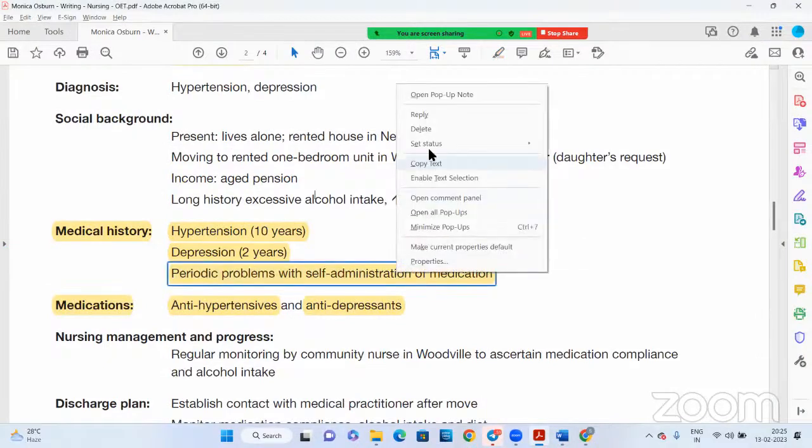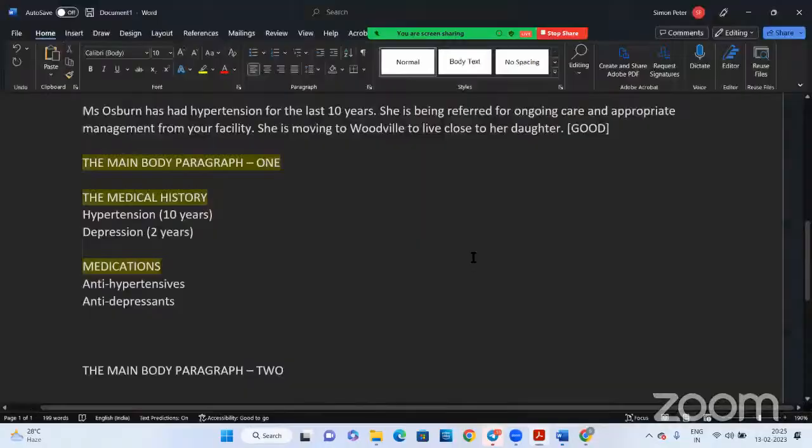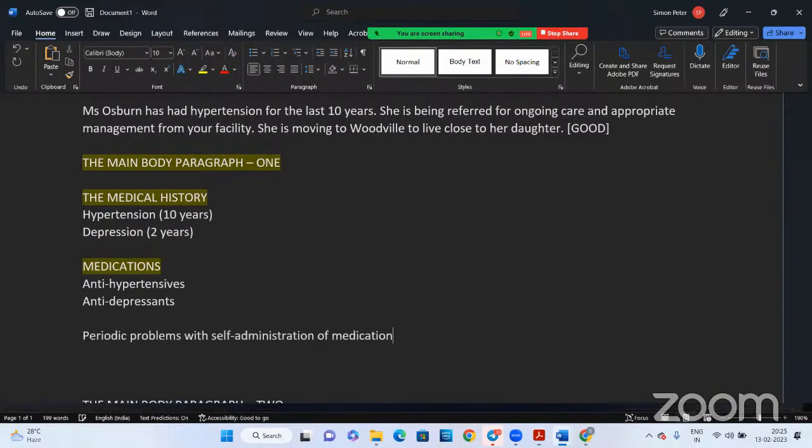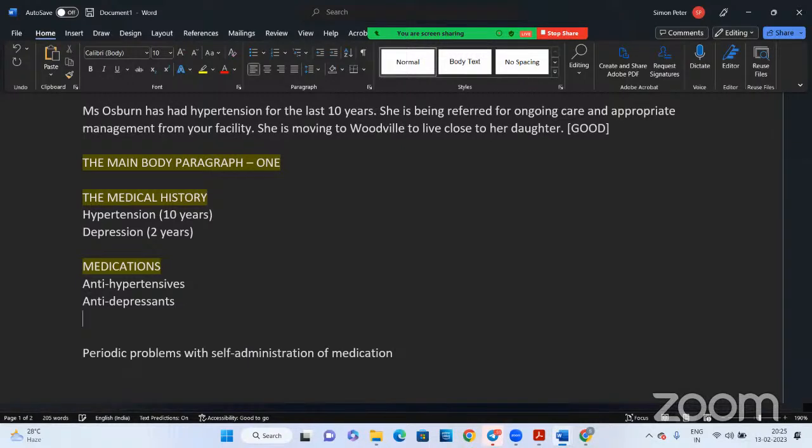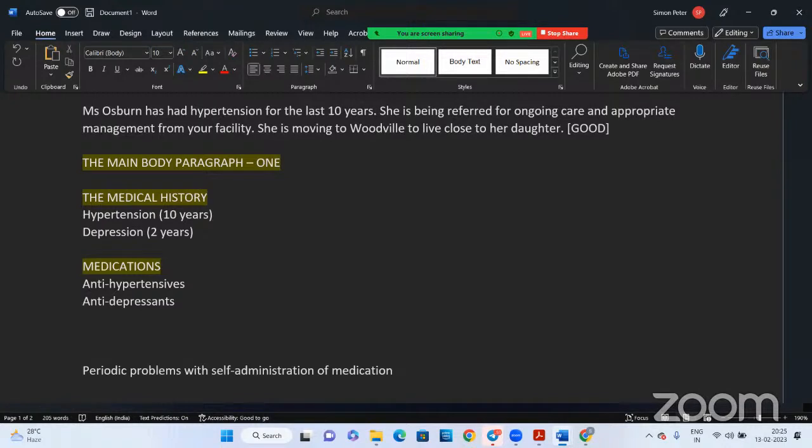This is the next problem. This is another problem. So this is compliance with medication. Medication compliance or non-compliance.